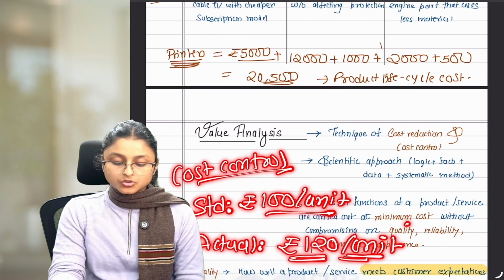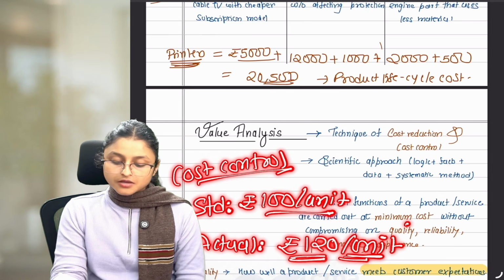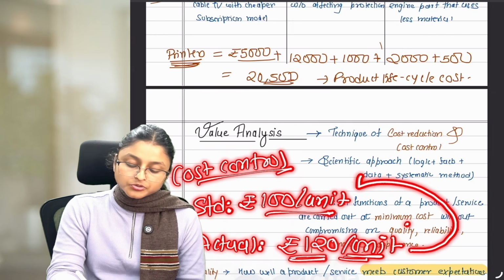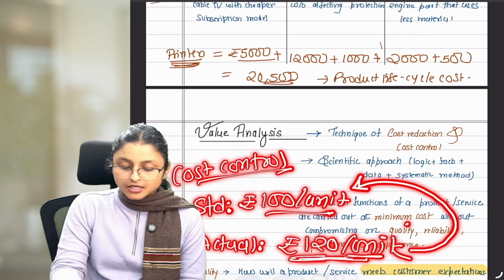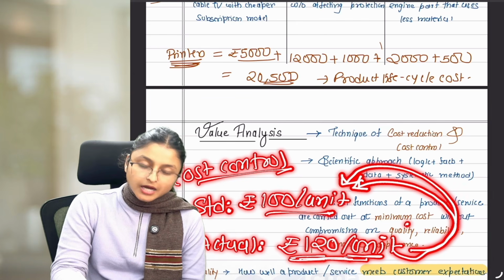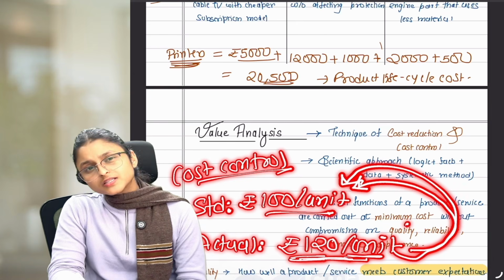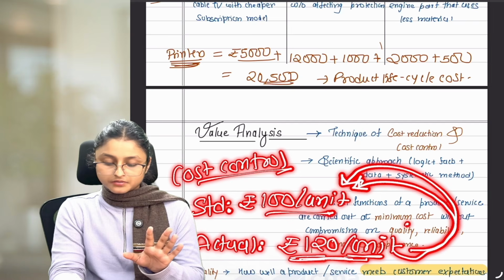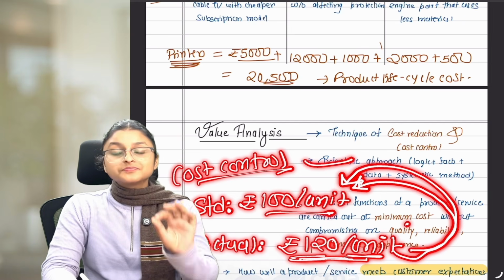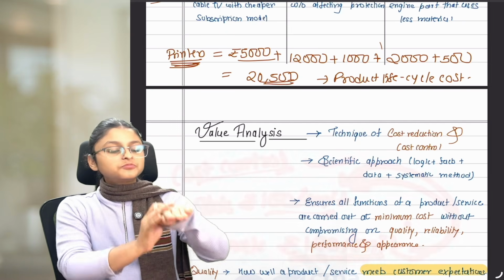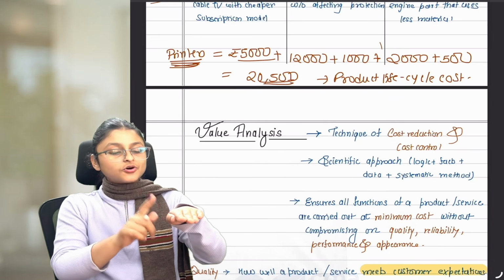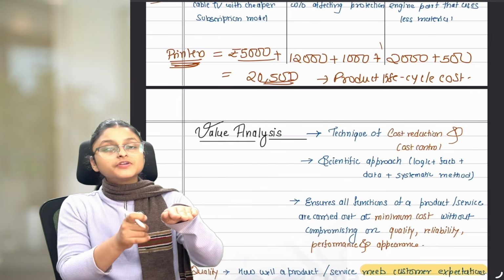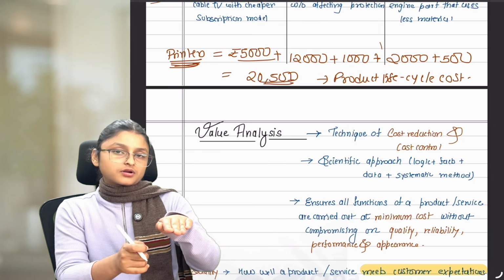And in cost control, what we will try to do is, we'll try to take our cost up to standards. So if it is higher than the standard, we'll definitely try to take it up to standard. But if it is lower than the standard, we'll not do anything on it. So cost control's main aim is to take the cost up to standard. But after getting the cost up to standard, in cost control, we don't try to reduce it more.